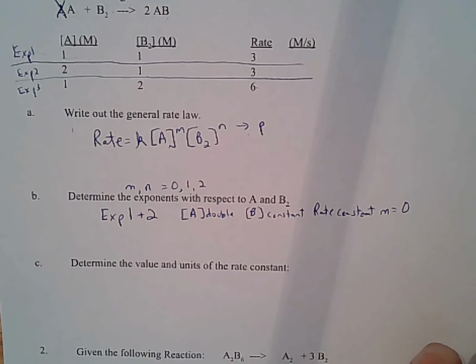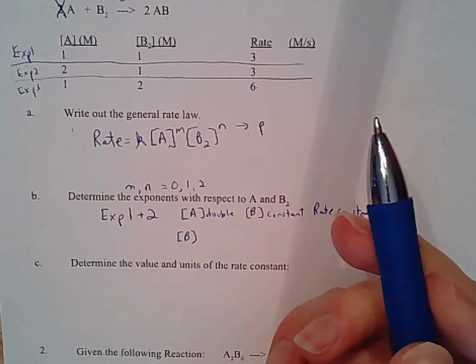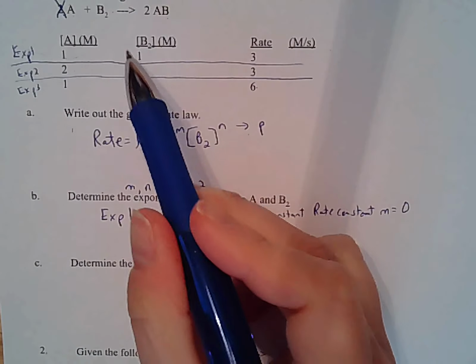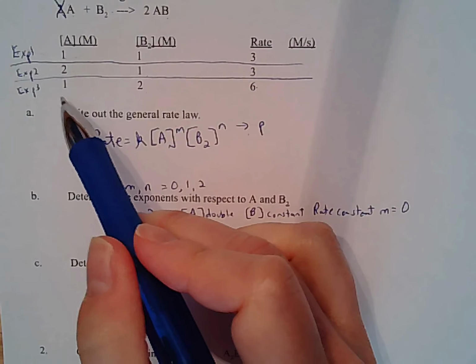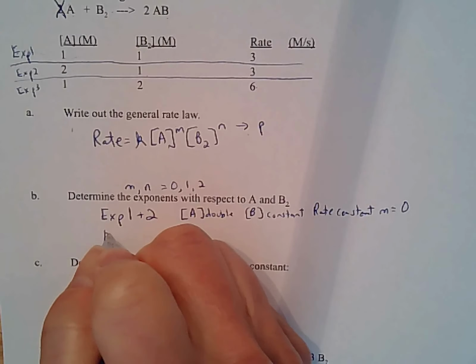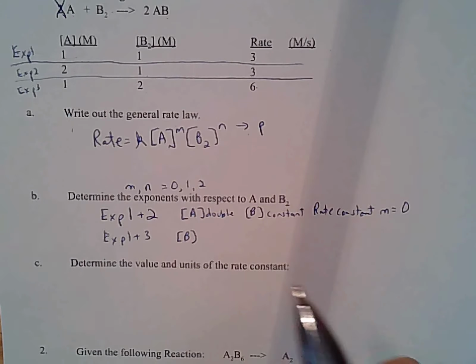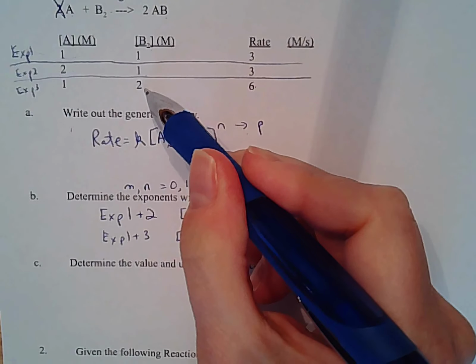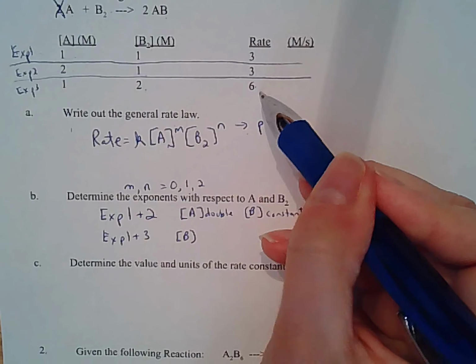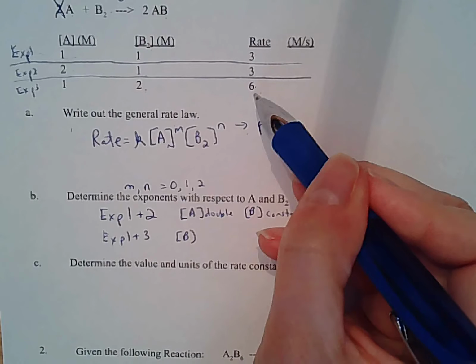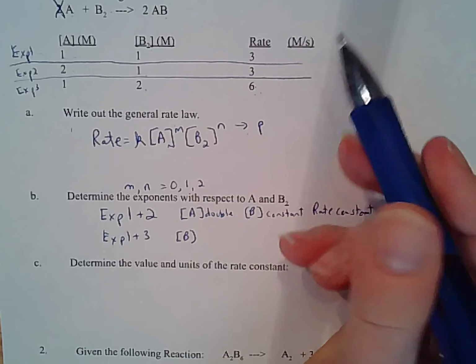Now what about B? How does B affect the rate? Well, I need 2 experiments where B is changing, but A stays the same. So I'm going to be looking at experiment 1 and 3, and I want you to write this out when you're doing your work. So B is doubling. What's happening to the rate? Well, it went from 3 to 6, so I'm multiplying it by a factor of 2.